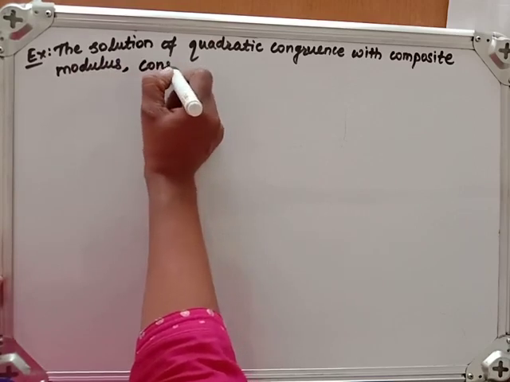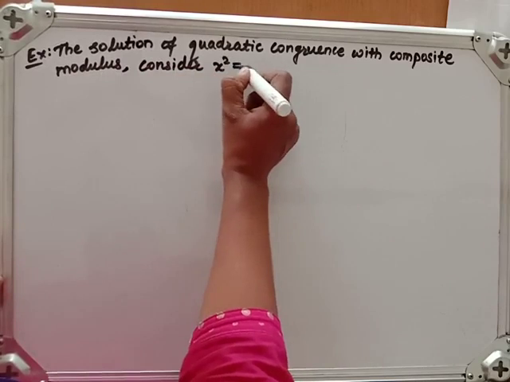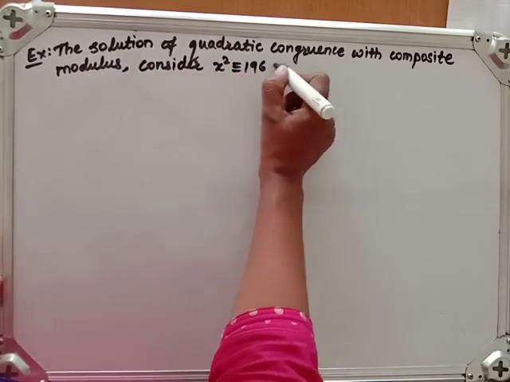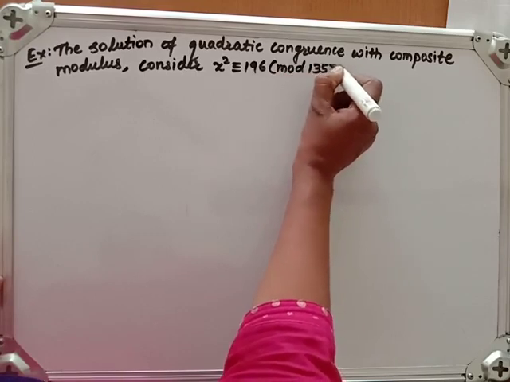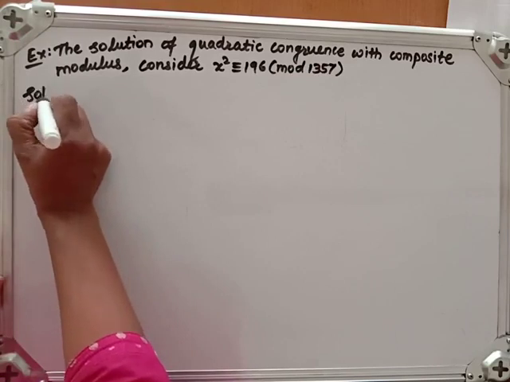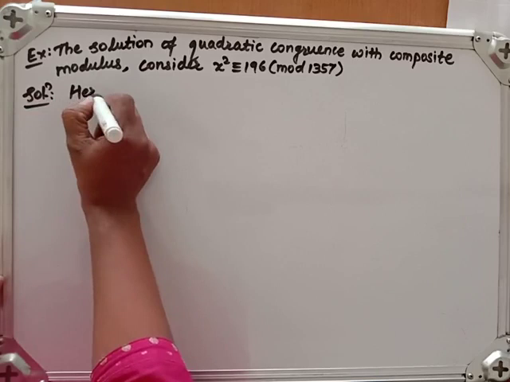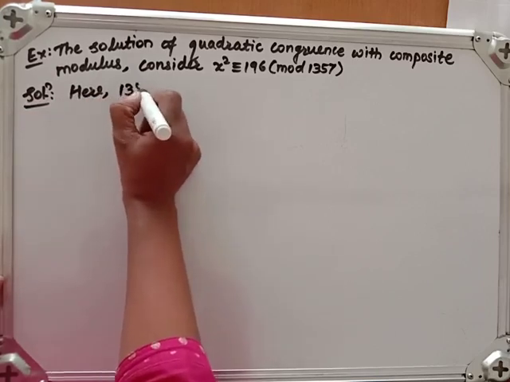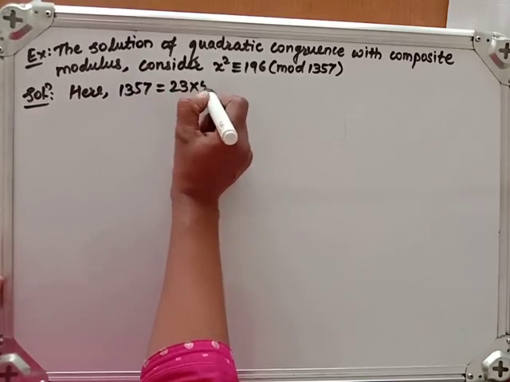Consider x squared congruent to 196 modulo 1357. So solution: here 1357 is equal to 23 times 59.